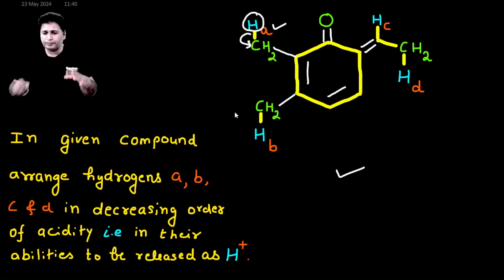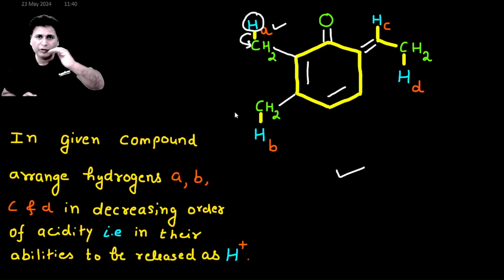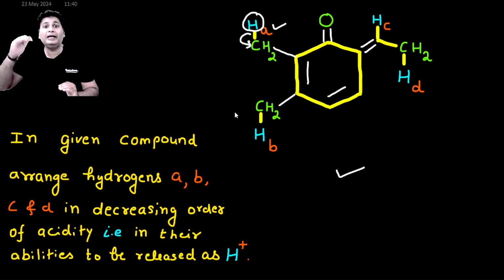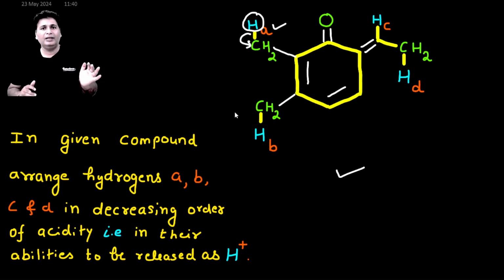So from this diagram, what you have to do is remove protons one by one. First remove hydrogen A, then B, then C, then D, one at a time. As you remove H plus, the carbon from where the hydrogen was attached will get a negative charge and you will see a carbanion.